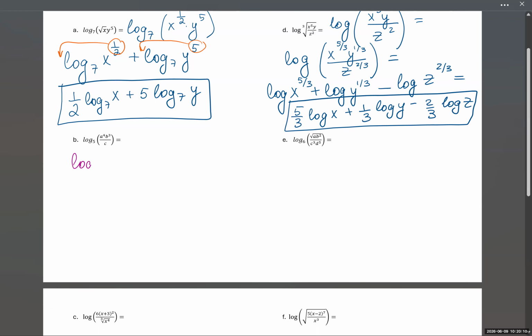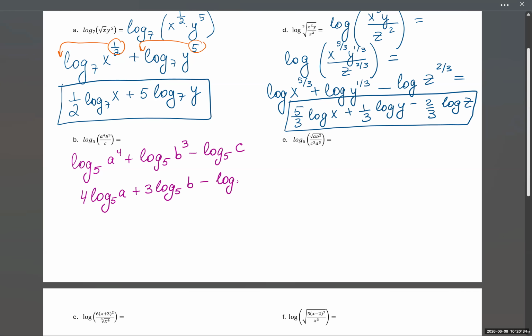So this is log base 5 of a to the 4th plus log base 5 of b to the 3rd minus log base 5 of c. And don't forget to put the exponents in front of the log. So 4 log base 5 of a plus 3 log base 5 of b minus log base 5 of c.